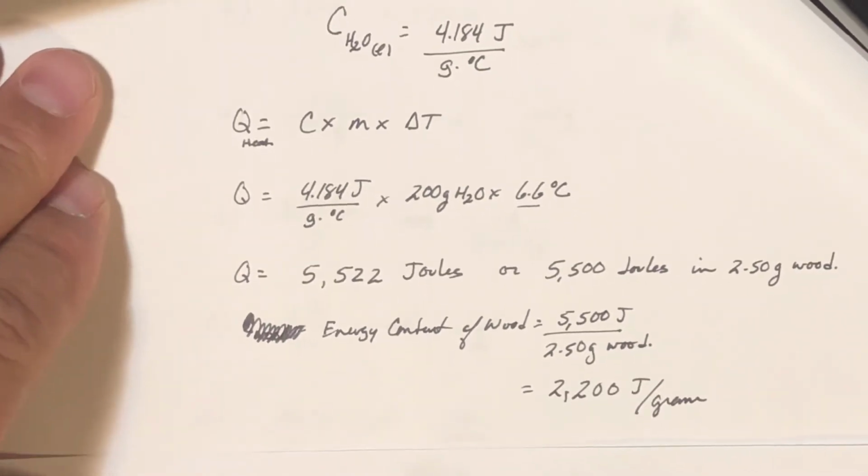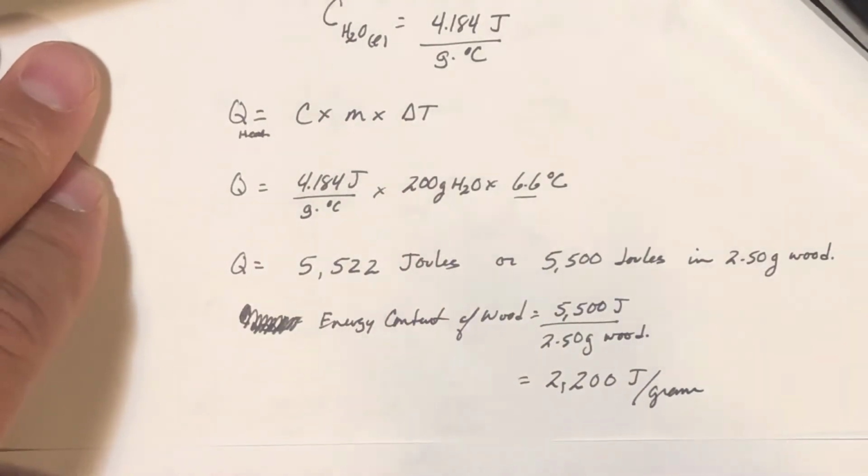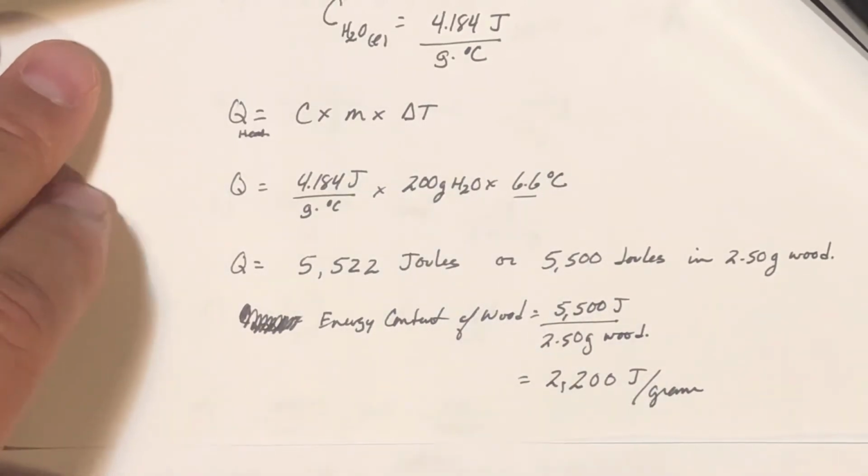And so we should end up with about 2,200 joules per gram of wood. Okay, joules of energy per gram of wood. So if you got to there, give yourself a point.